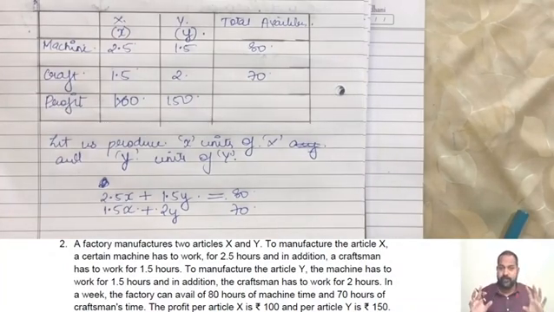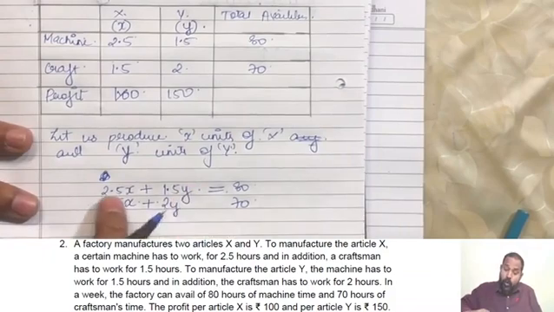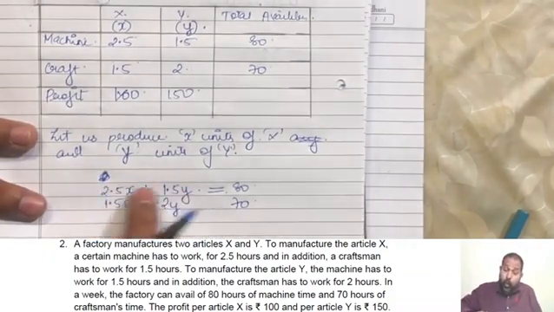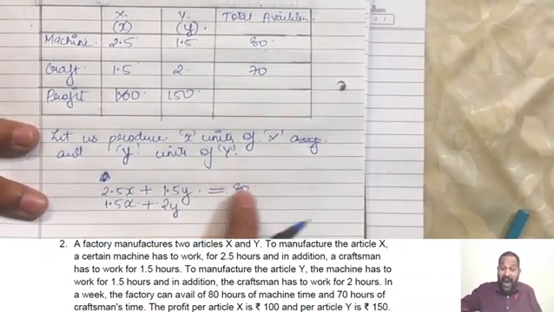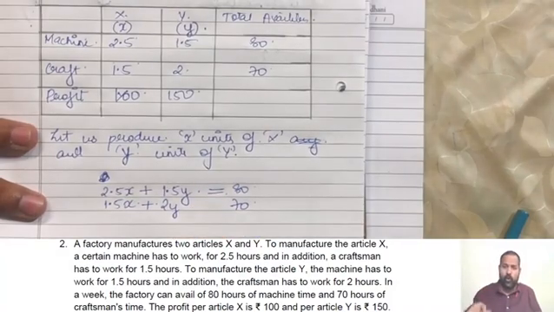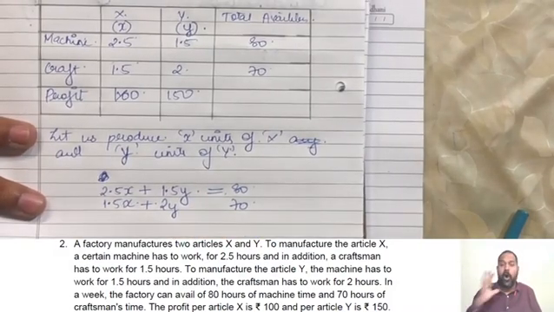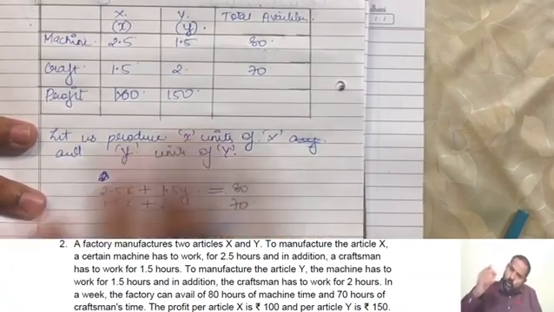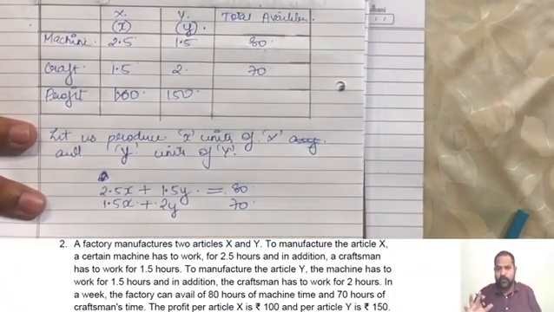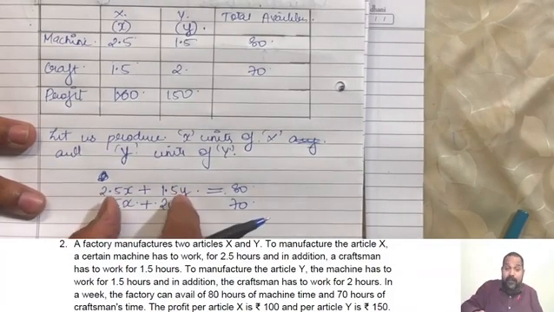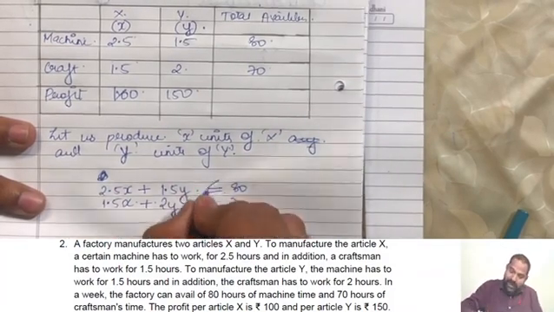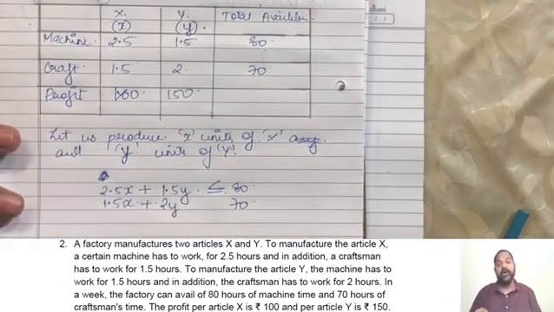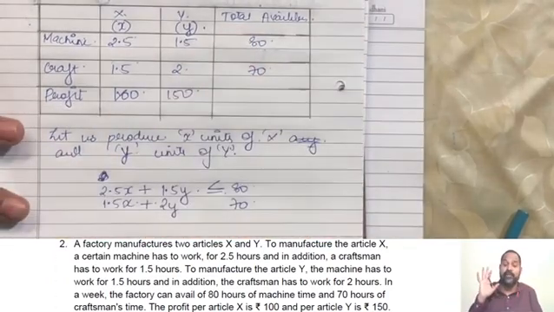So the total machine time you require can be less than or equal to 80. Use all 80, that I'm okay with. Don't ask for more than 80.